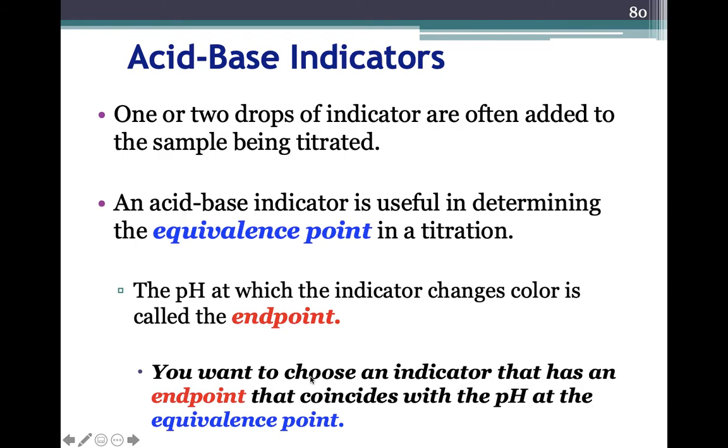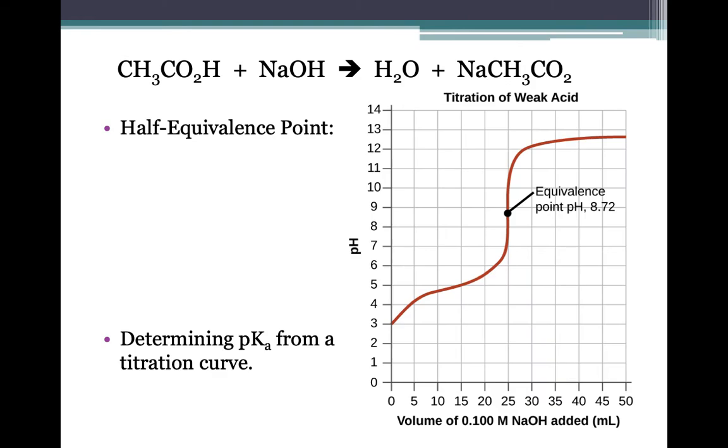So 1 or 2 drops of an indicator are added when a sample is being titrated. And we have to select that indicator based on where the pH change should take place. If, as in this graph, it's predicted to be above 7, I would not use the same indicator as if it was in the first titration curve we looked at with hydrochloric acid and sodium hydroxide.